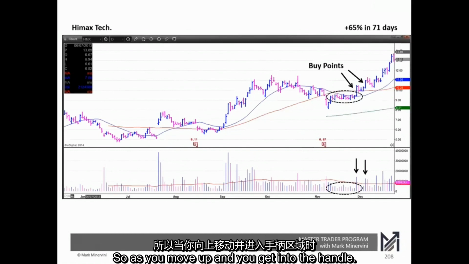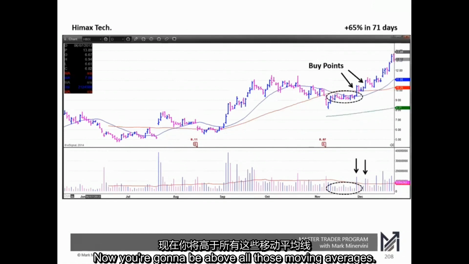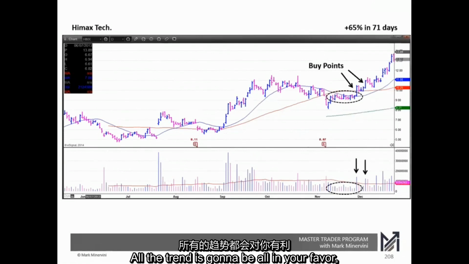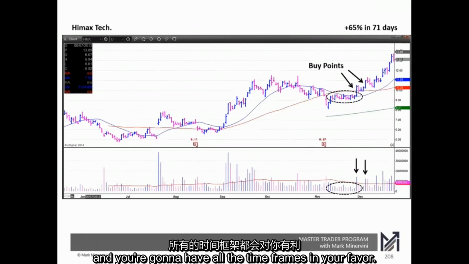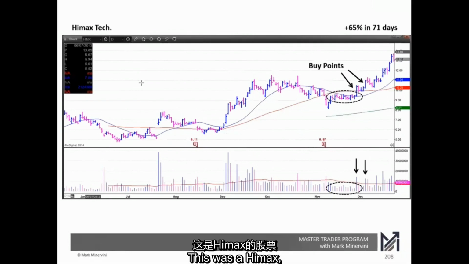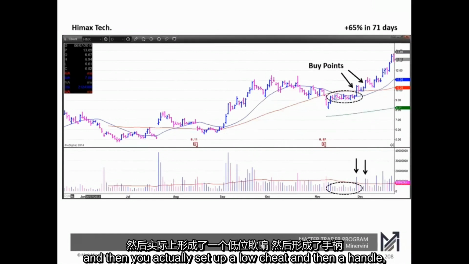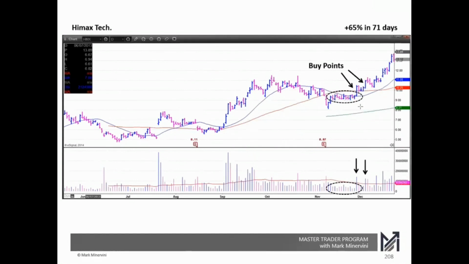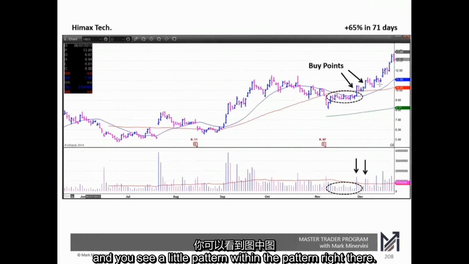So as you move up and get into the handle, now you're going to be above all those moving averages. All the trend is going to be in your favor, and you're going to have all the time frames in your favor. But again, this is something you're definitely going to want to learn here. This was a high max, of course, and you see right here the low cheat, and then you set up the little pivot, and then you actually set up a low cheat, a cheat, and then a handle, and you can see a little pattern within the pattern right there.